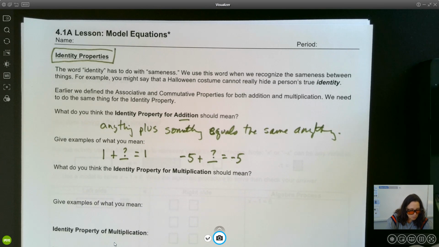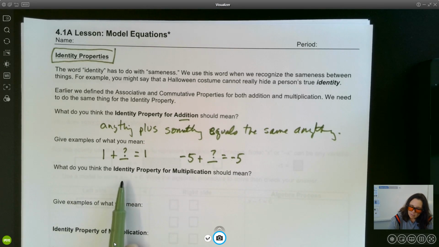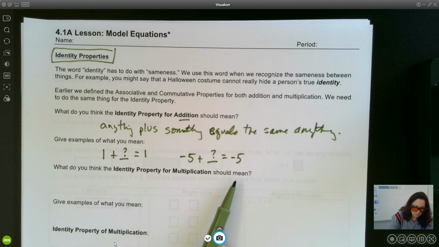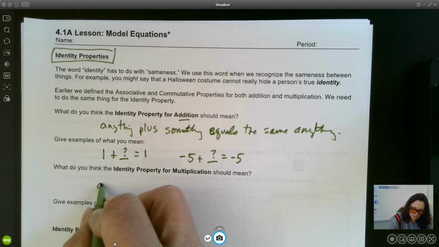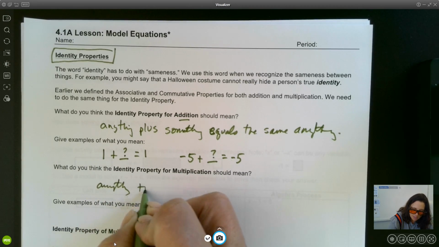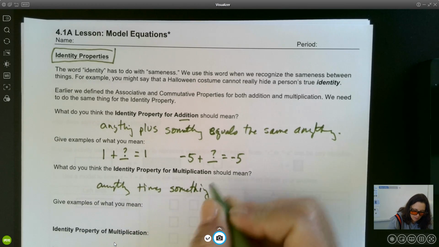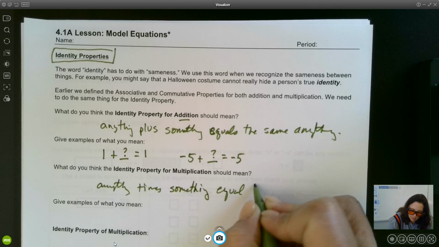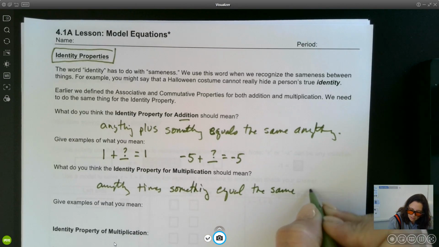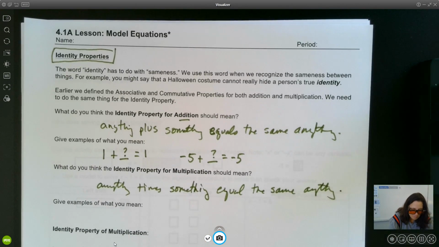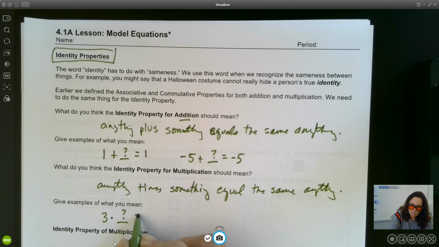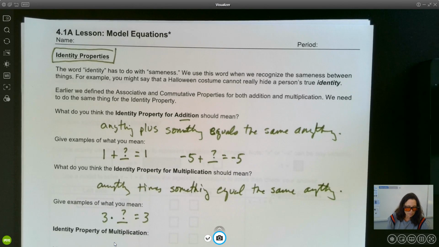All right, so what do you think the identity property of multiplication should mean? Okay, so anything times something equals the same anything. So an example of that, 3 times something should give you that same 3 that you started with.